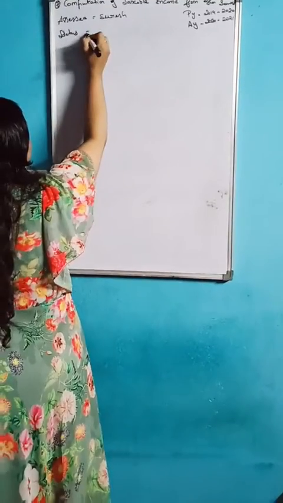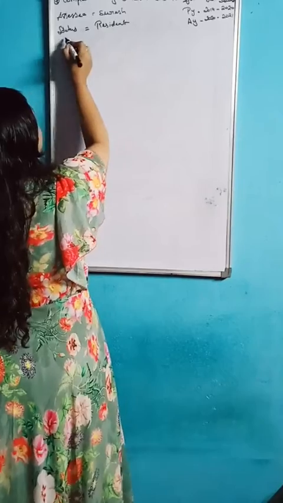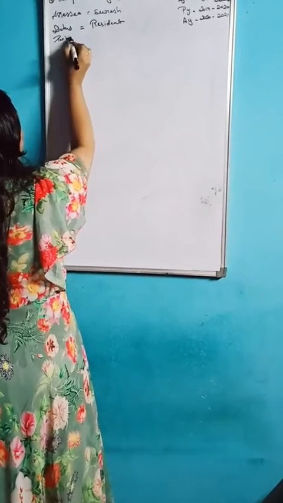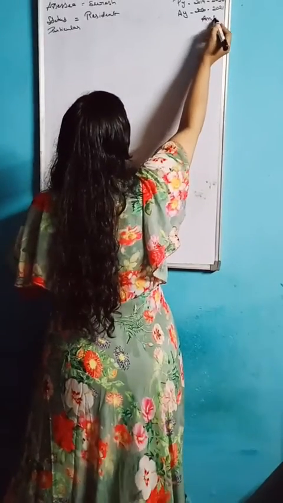Status: resident. So, particular and amount column.